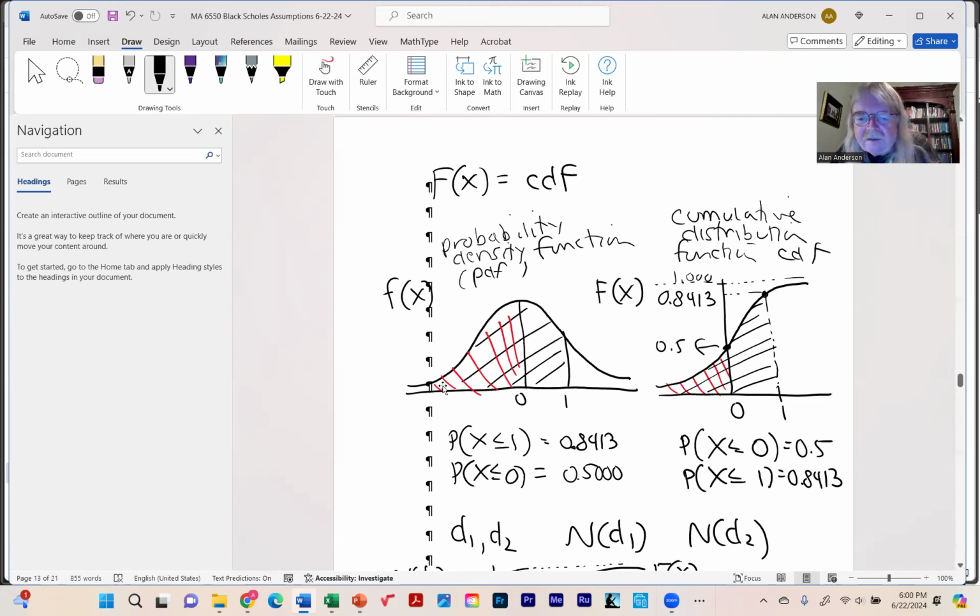The red area on the left for less than or equal to 0 equals the red area on the right. Then for less than or equal to 1 is that black shaded region. On the left, the area is 0.8413. On the right, it's the height of the curve that's 0.8413. So on the right, we're looking at heights; on the left, we're looking at areas. That's the distinction between the two.